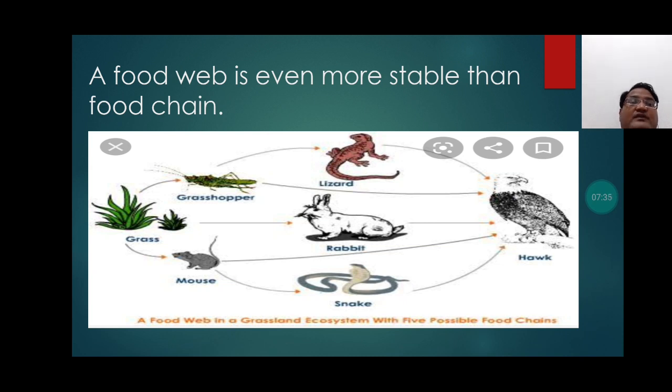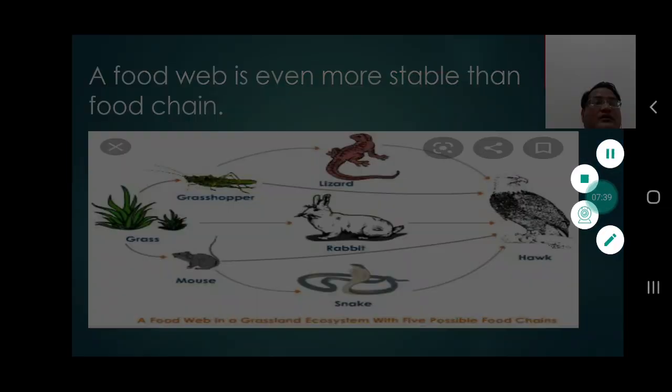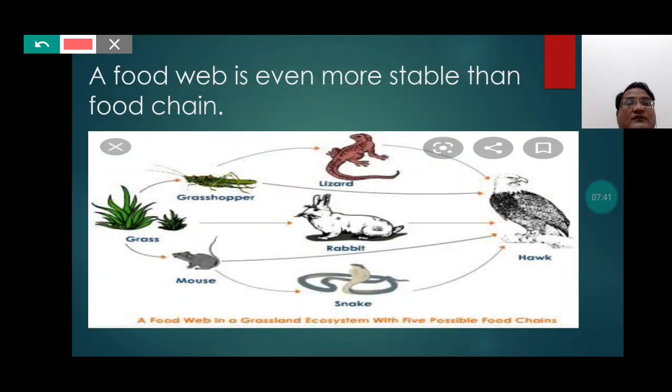Food web is even more stable than the food chain. So students, food web is more stable because it is a collection of a huge number of food chains.